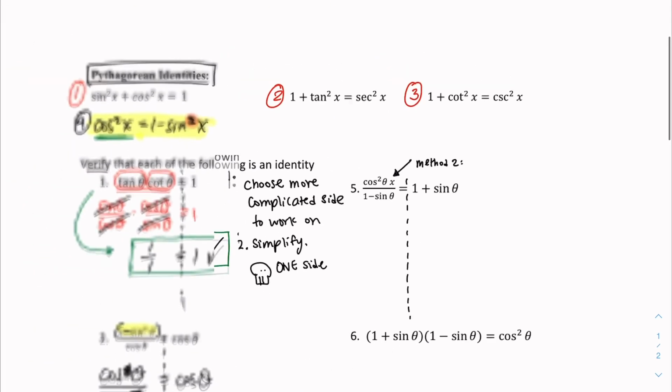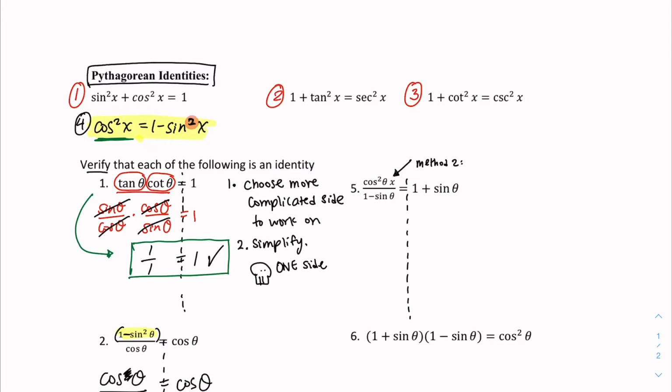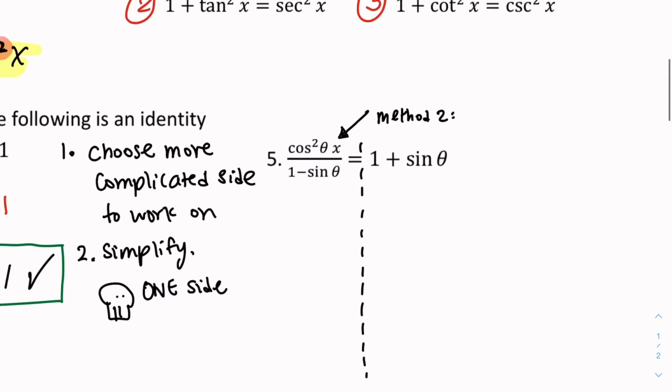Okay, so I realize that I need to simplify this so that it's just 1 plus sine theta. The only way that's going to happen is if my denominator cancels. The only way my denominator is going to cancel is if I somehow have a 1 minus sine theta in the top so that they can cancel. And guess what?